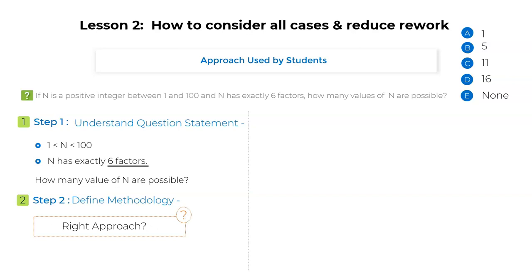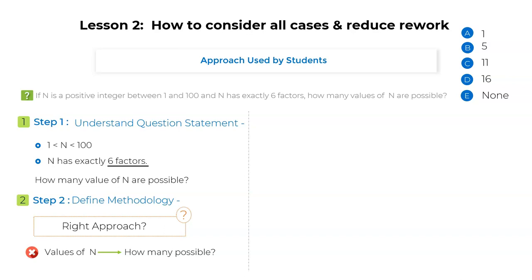They should ideally ask themselves, what's the ideal approach to solve the question? What they do is take random values of n and try to see how many of these fit the criteria given in the question, that is, how many of them actually have 6 factors. And believe me, this is a very poor and very wrong approach.